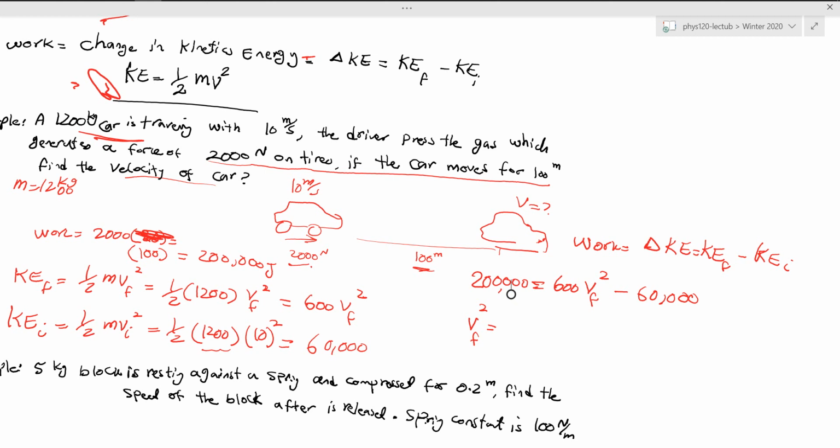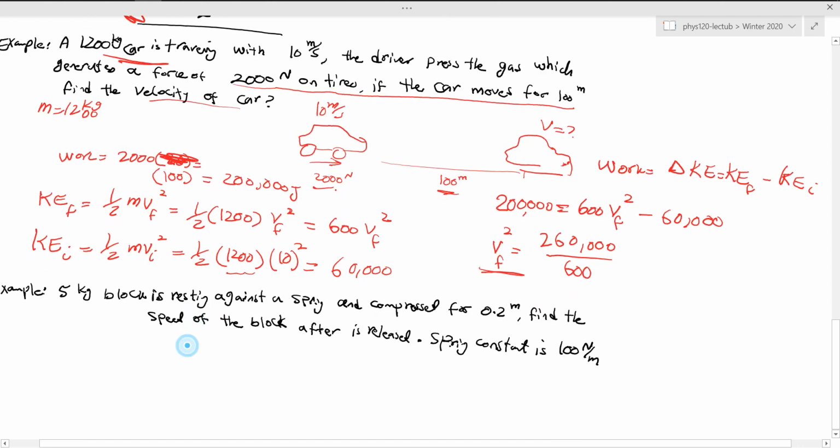And we are sure the Vf is going to be much larger than the Va. So Vf is equal to 260,000 divided by 600. Now you can actually calculate the value for this and then find how much V final is.